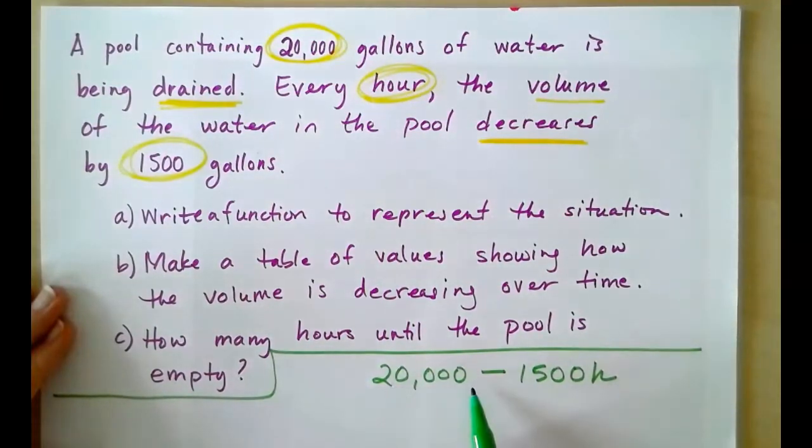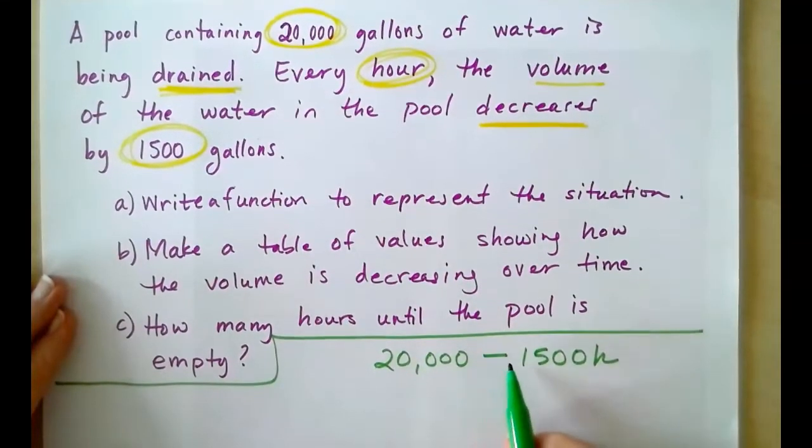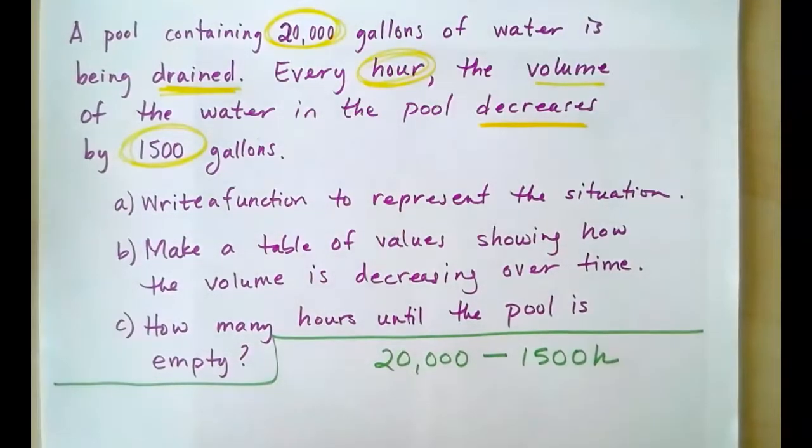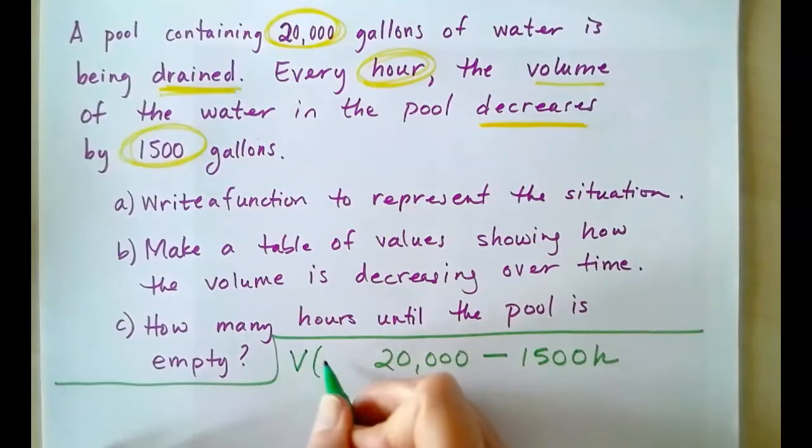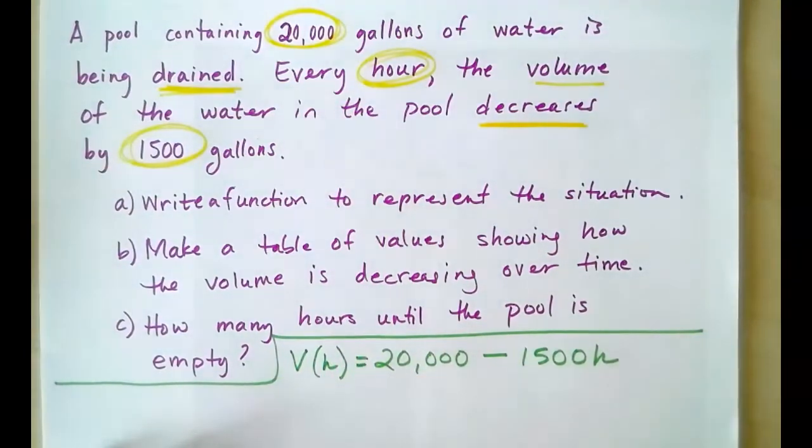So starting with 20,000, decreasing by 1,500 every hour. So let's write this as a function of volume. So volume in terms of H. This is the volume function. The volume in terms of hours equals 20,000 minus 1,500 H.